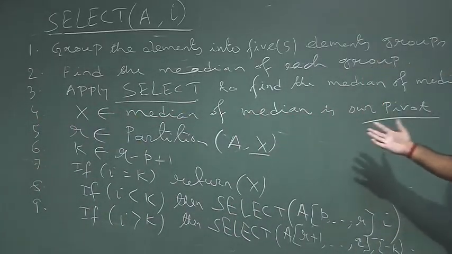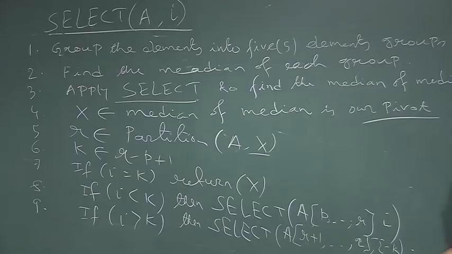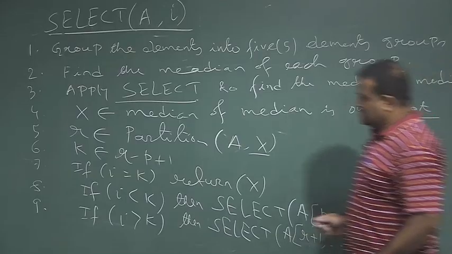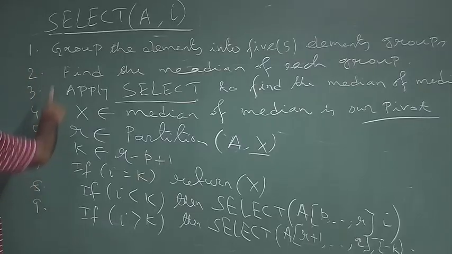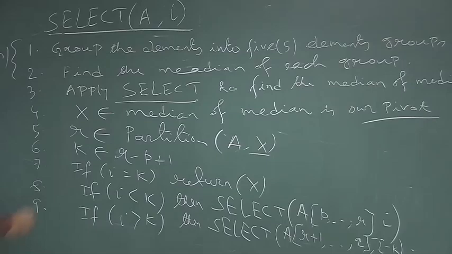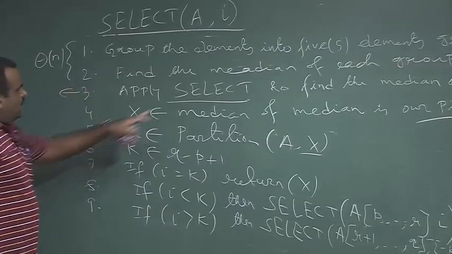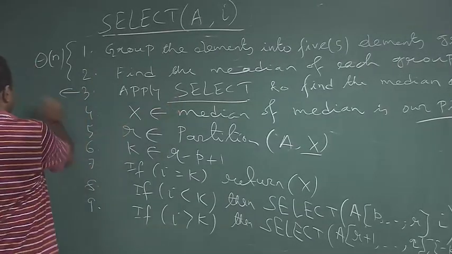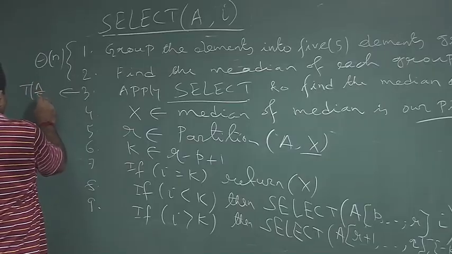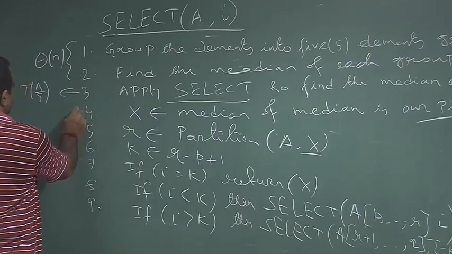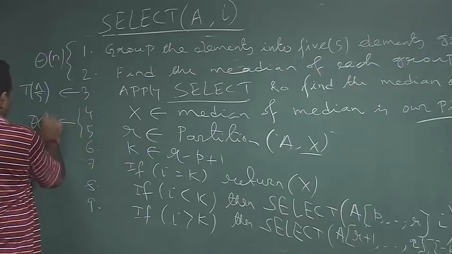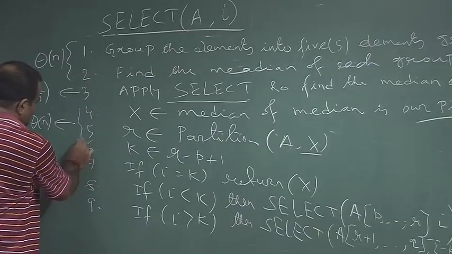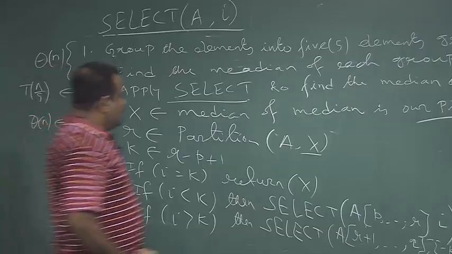Now, what is the runtime of this code? We are grouping the elements into 5 element groups and then finding the median. Here roughly we are spending constant time, and then we are applying the select algorithm to find the median of the medians. Here the size is n by 5, and then we call partition, theta of n, and then this part is same as the select.